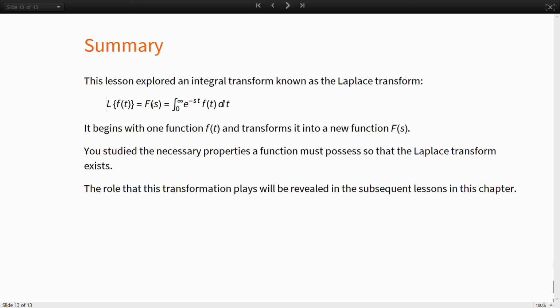When calculating the Laplace transform, one begins with a function of the variable t. That function then gets transformed into a new function of a different variable s. We studied the necessary properties of the Laplace transform to exist in this lesson. In the next lesson, we will discuss how to use the Laplace transform to solve initial value problems.